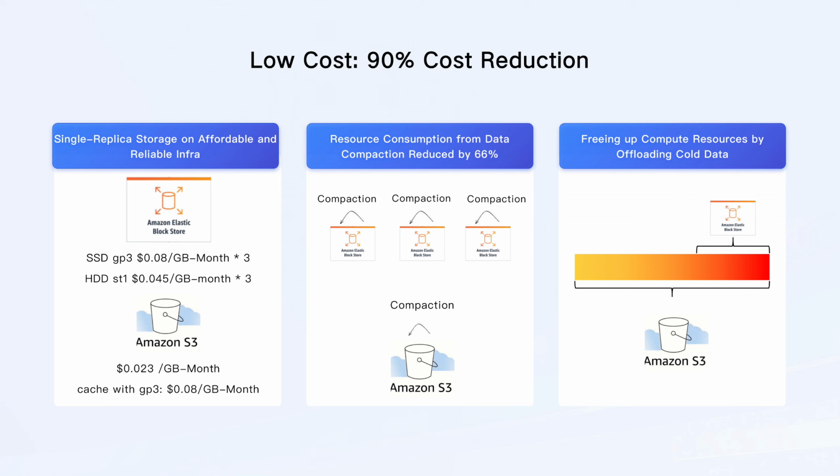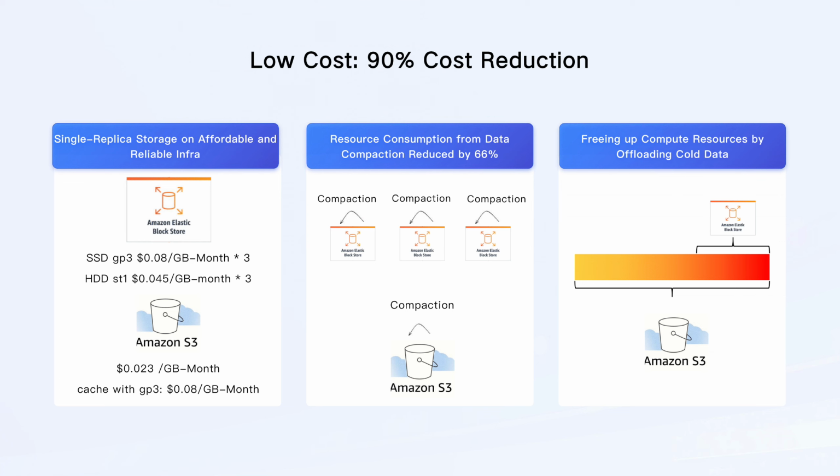So why is the compute storage decoupled mode a cost-effective solution? In the decoupled mode, only one replica of the data is stored in object storage or HDFS, which already has built-in redundancy. In contrast, the coupled mode typically needs 3 replicas of the data for fault tolerance, tripling storage costs.